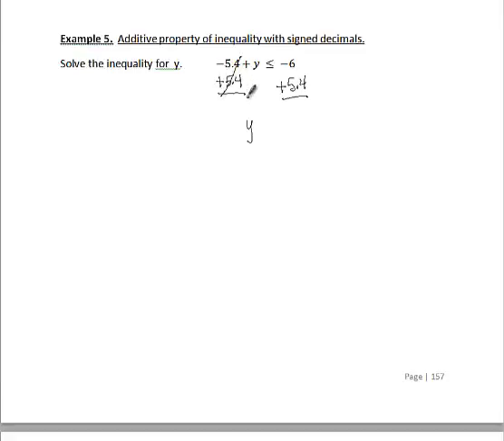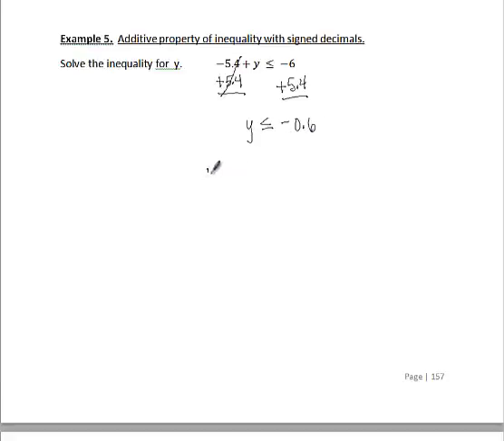A negative and a positive cancel when they're the same number. So we bring down the inequality, same orientation, and a negative 6 plus a 5.4 would be negative 0.6. Okay, so any number less than or equal to negative 0.6.